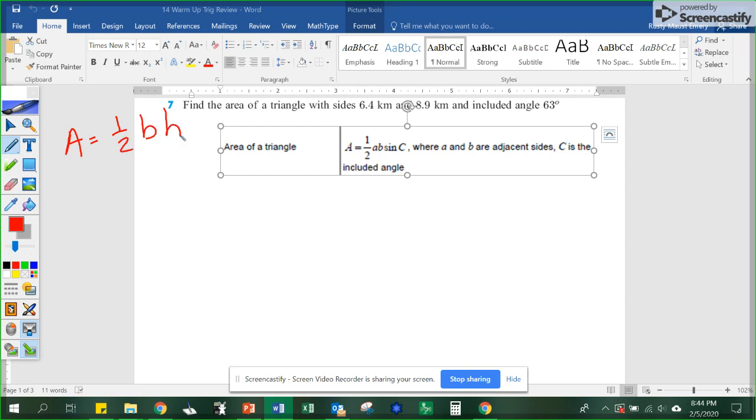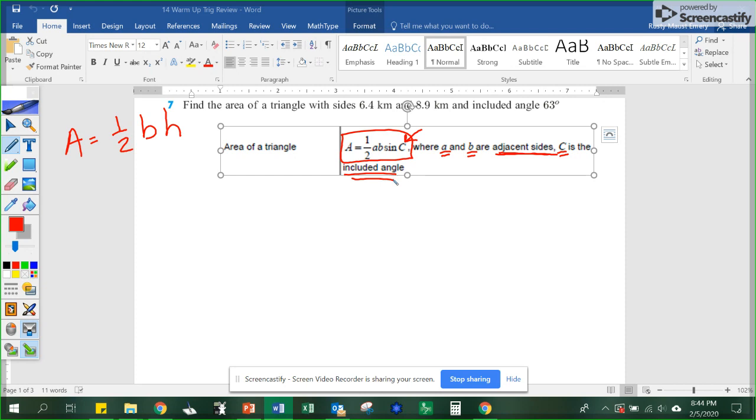But if we don't know the height, then we can use this formula to solve for the area of a triangle. So notice in this formula it is A and B. So A and B are the adjacent sides, two sides that are adjacent to each other in a triangle. And then the important thing is C, the angle you're using, is the included angle.